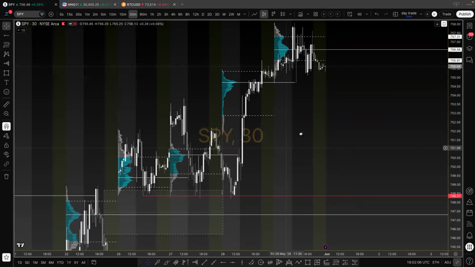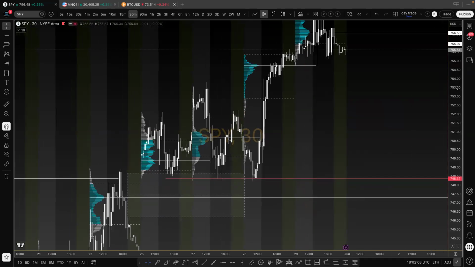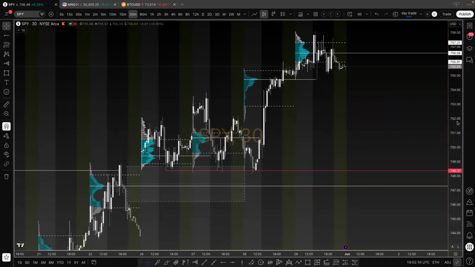There are no clear examples on SPY recently because we were going only higher.